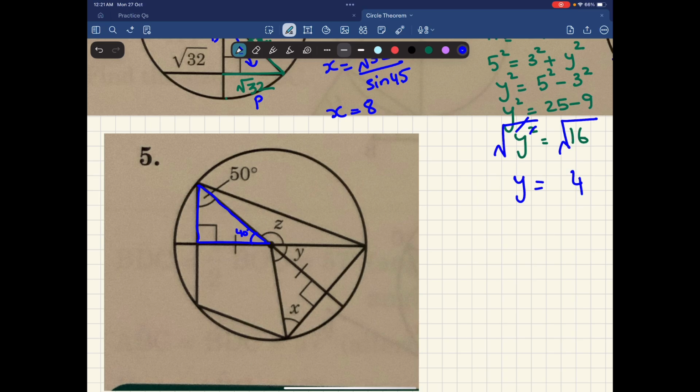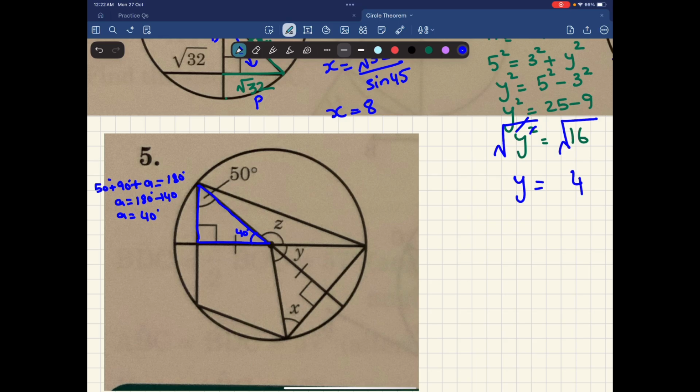So 50 plus 90 plus the unknown angle, let's call it a, is equal to 180. So the value of a is going to be 180 minus 140, which gives you a as 40 degrees.